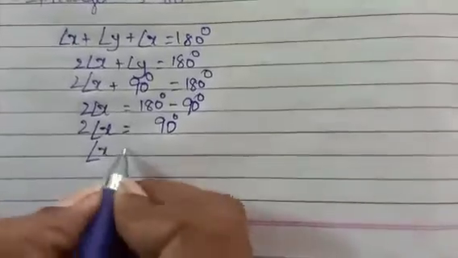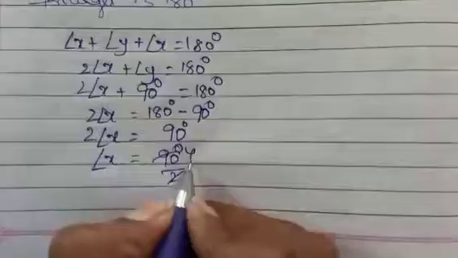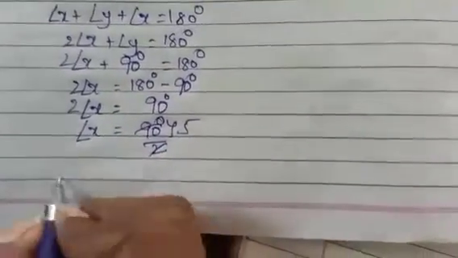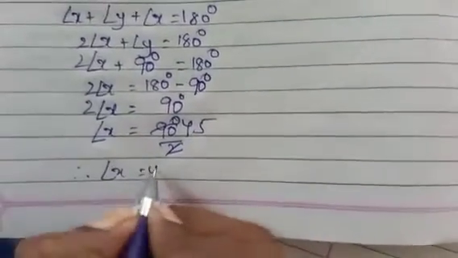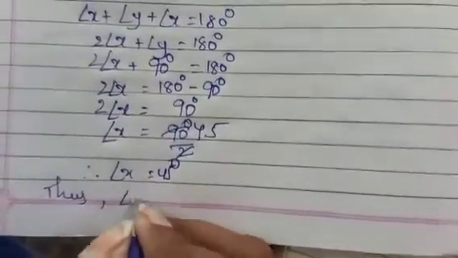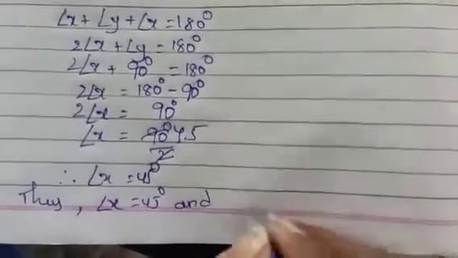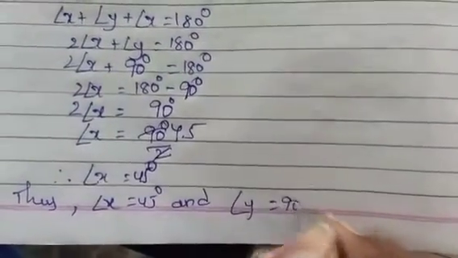Now here multiply is happening, so that side it will go, then divide will happen, 90 degrees upon 2. 2 4s are 8 and 2 5s are 10. Therefore angle x is equal to 45 degrees. Thus angle x is equal to 45 degrees and angle y is equal to 90 degrees.